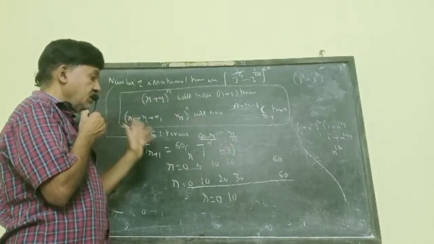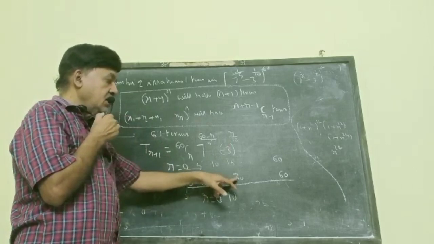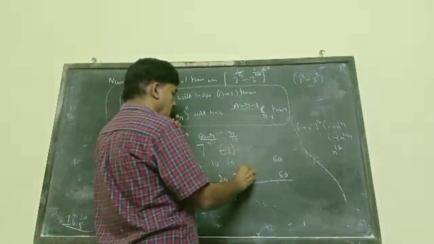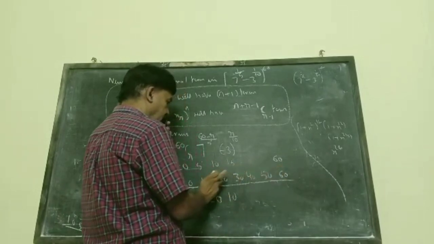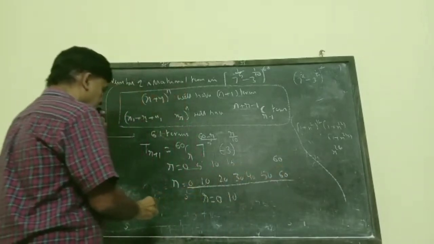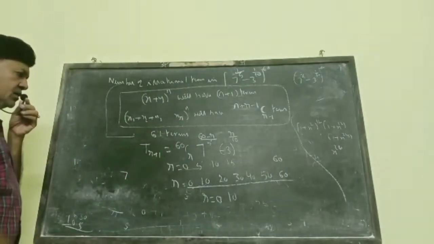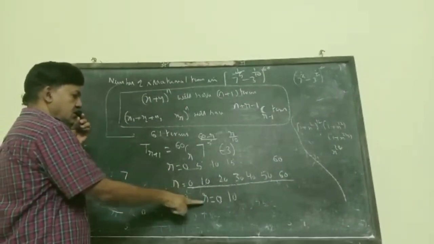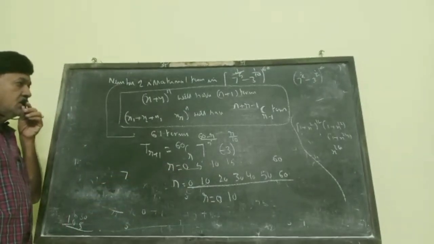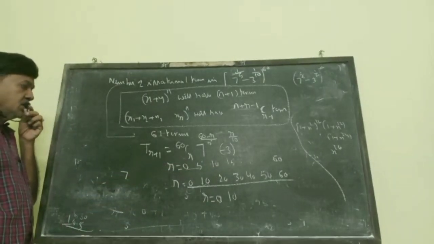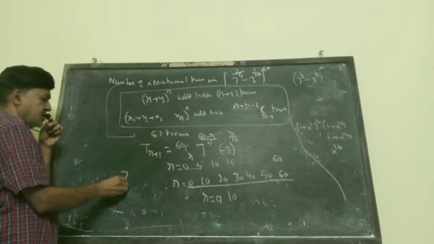So therefore, how many r values? 0, 10, 20, 30, 40, 50, 60. 1, 2, 3, 4, 5, 6, 7. So there are 7 rational terms. If you take what is common to these, you will get only this. So from 61, remove this.